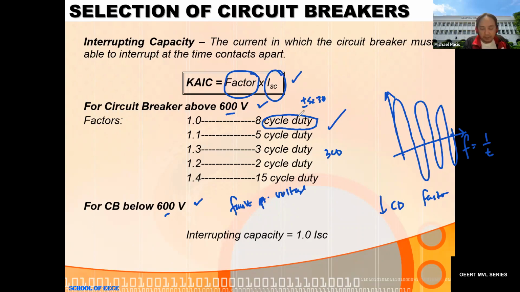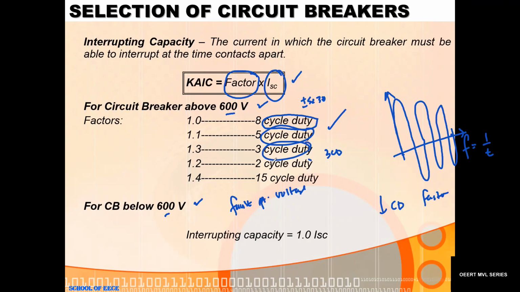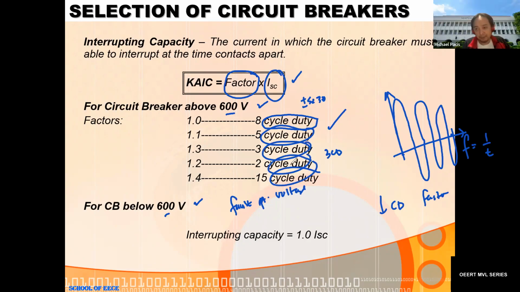Kaya kung mapapansin nyo rito, you can see the following constants in terms of cycle duty. Okay. Now I think on your exercises, I have the following cycle duty there, and then definitely you need to have those factors to be multiplied on your ISC 3-phase to get the following specifications of your relays and fuses.